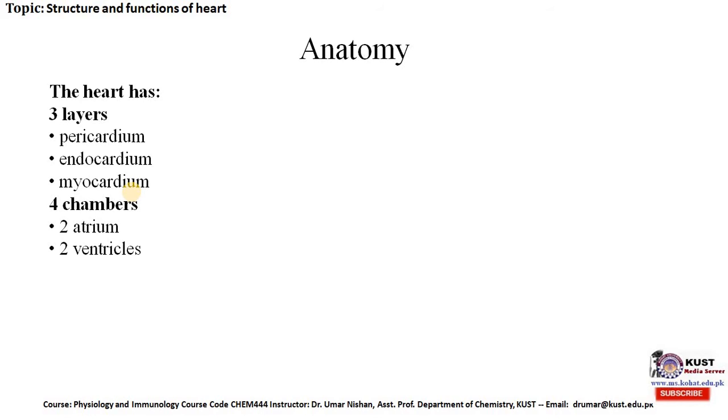In these four chambers, two are atrium and two are ventricles. And it has four walls. One is called mitral wall, the other one is called aortic, the third one is called tricuspid wall, and the fourth one is pulmonary wall.